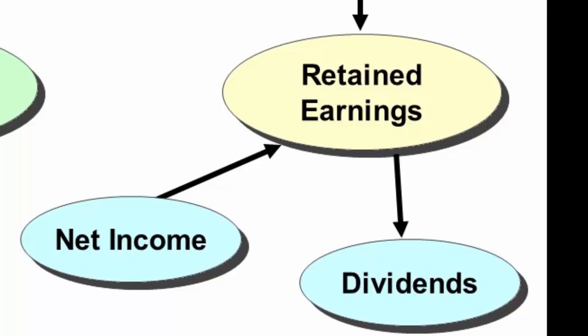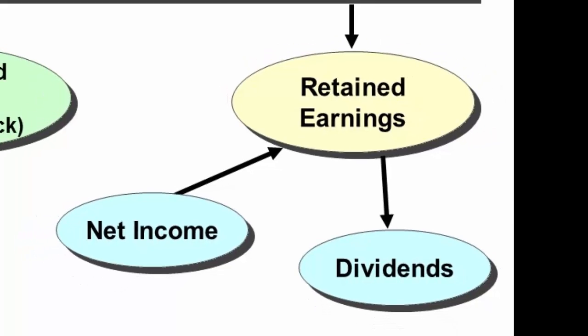A company can keep its retained earnings, or it can pay it to its shareholders in the form of dividends. Dividends represent the distribution of a company's assets to the stockholders and reduce retained earnings.